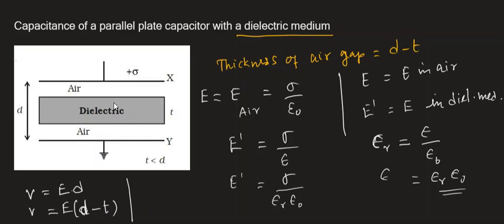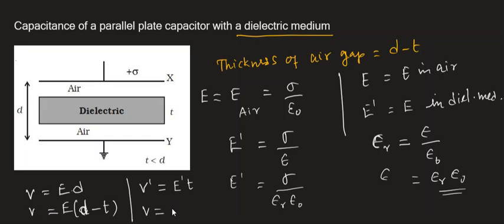And what about this? That is the potential inside the dielectric medium. So that can be given as what? We can put V dash, that is equal to E dash into T, is it not? Are you able to follow? So therefore the total potential V can be what?